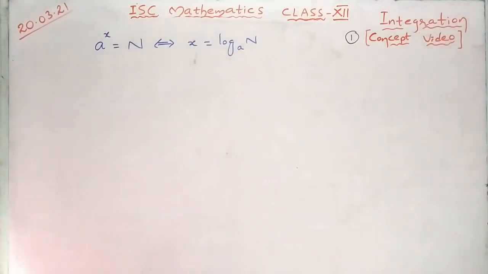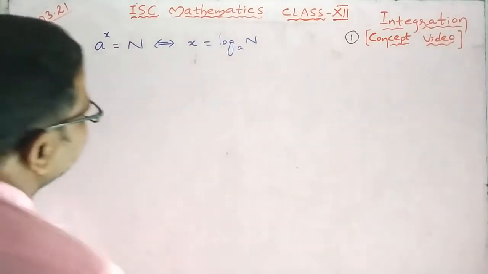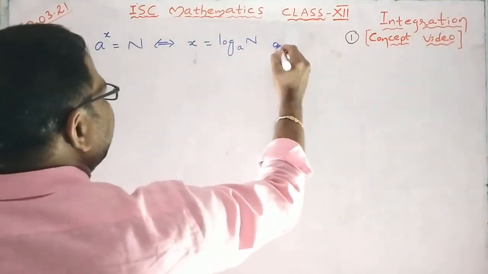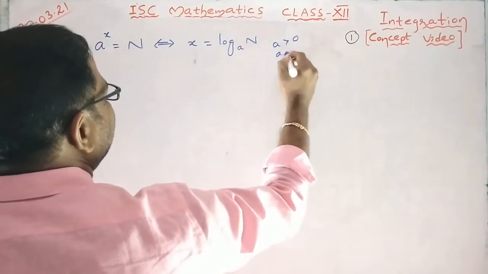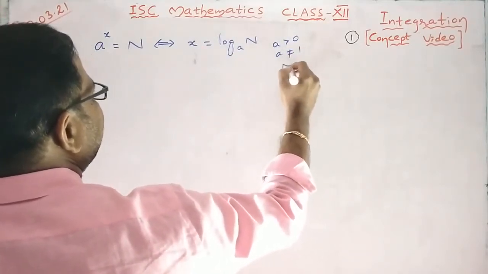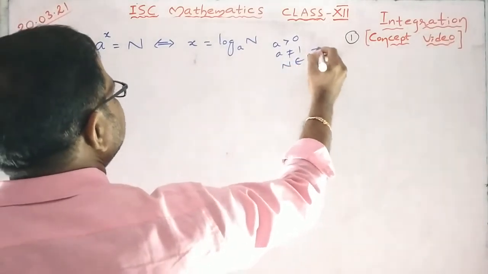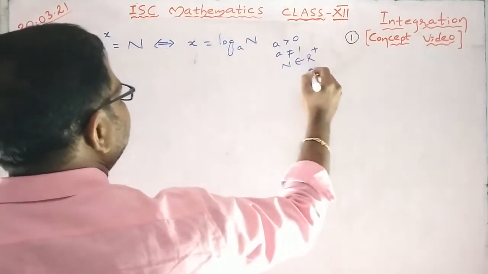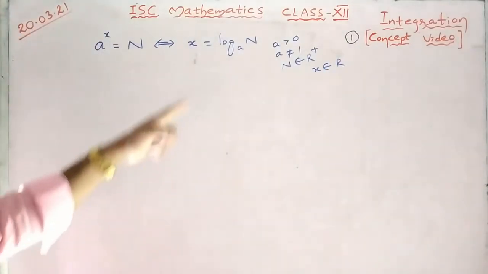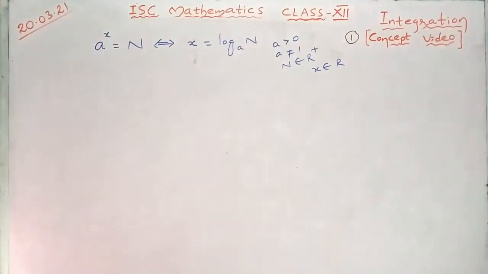This is the definition of logarithm. Here this base a can be only greater than 0, not equal to 1, isn't it? So n should always be a positive real number, but x can be any real number. These are the conditions for logarithm.